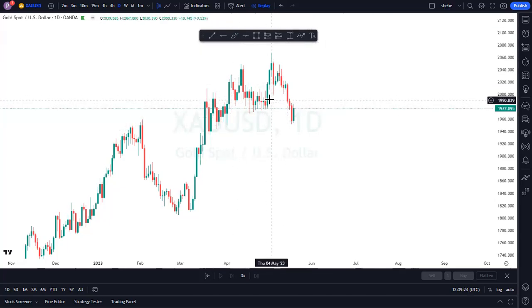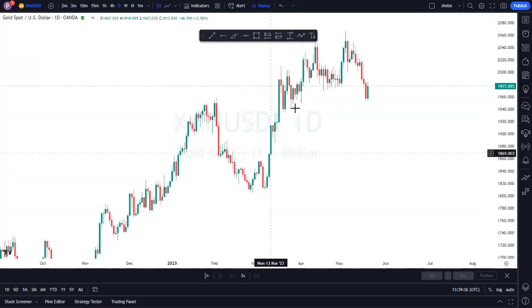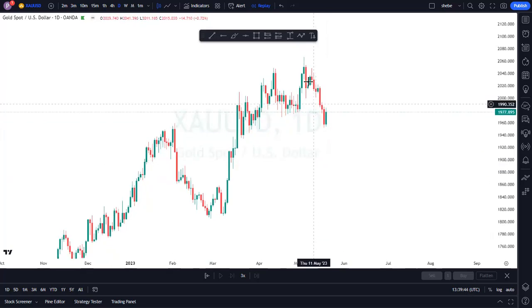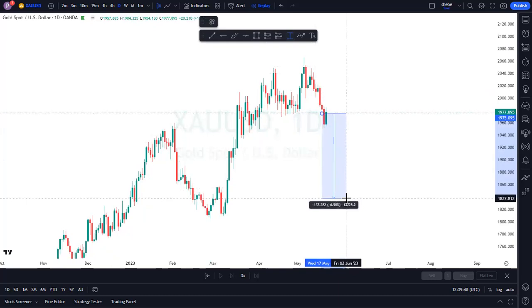So this break around here tells us that we have hit the end of this impulsive phase and we are entering this correction phase. Like you see, this was an impulsive phase, and after it comes this correction. So this impulsive phase is over and we are entering a correction phase. We cannot leave this correction phase and just go up.